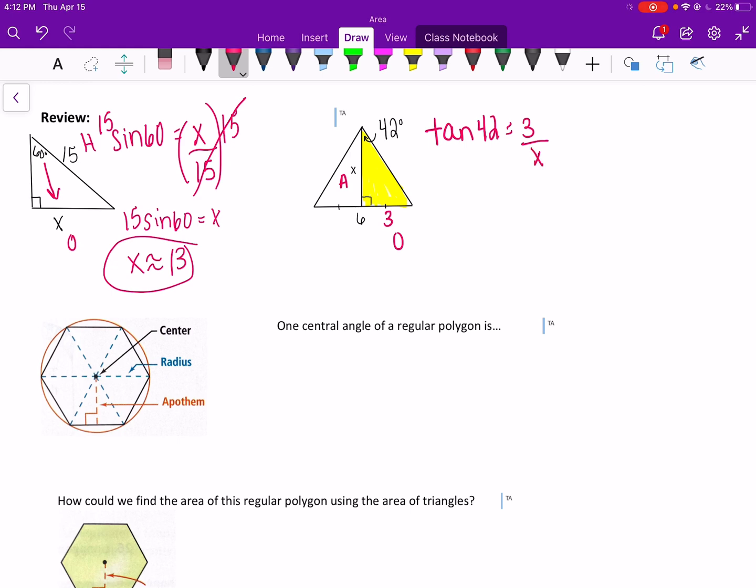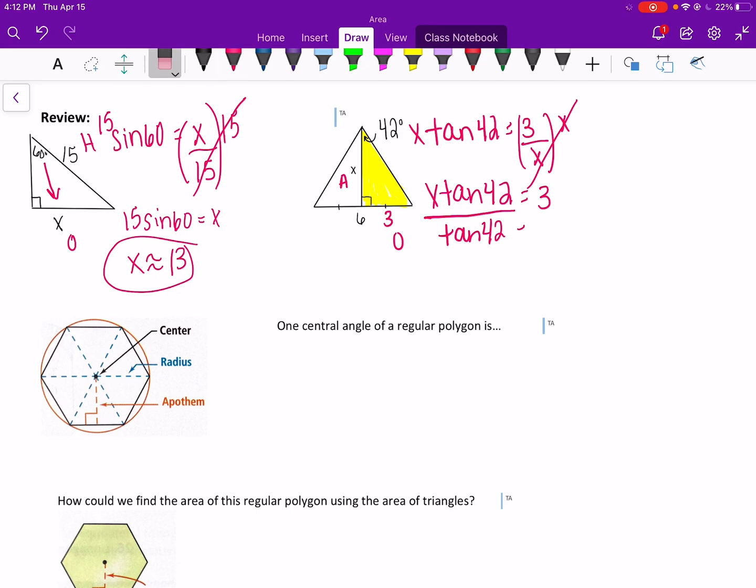Since the x is in the denominator, we are going to multiply by an x on both sides to get it out of the denominator. So x times the tangent of 42 degrees equals 3. And then to get x by itself, we need to divide by the tangent of 42.